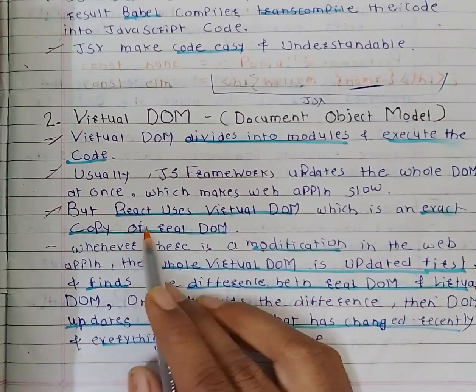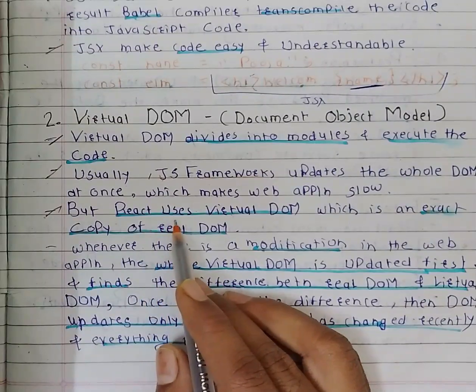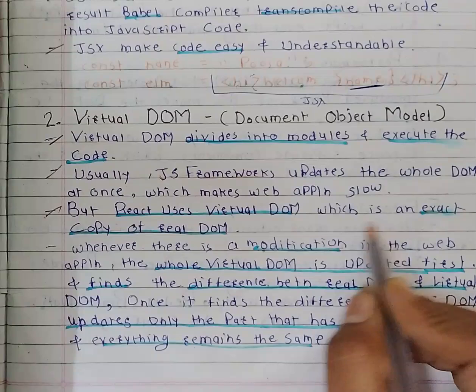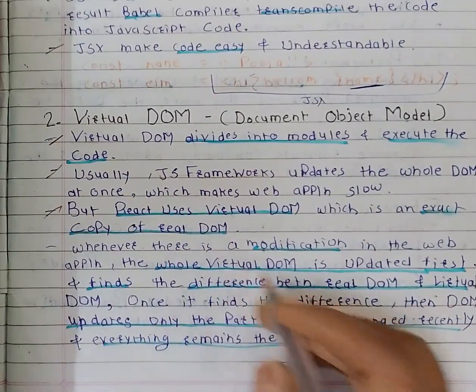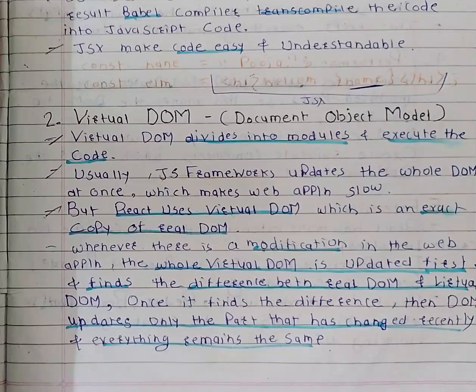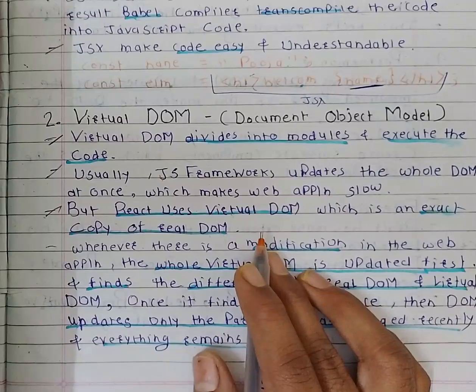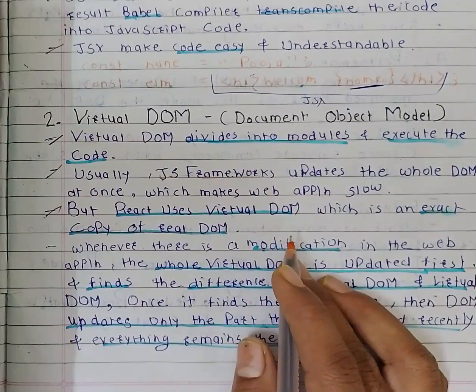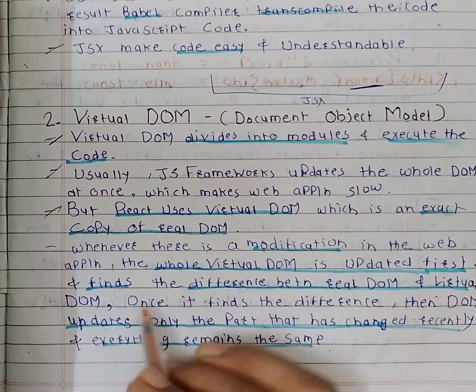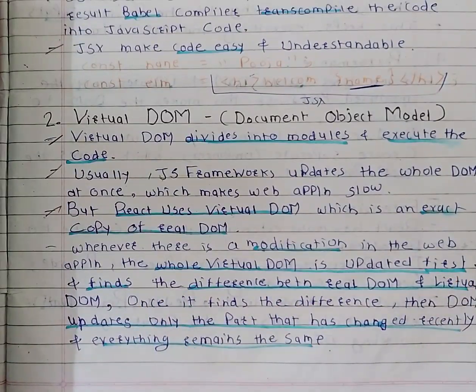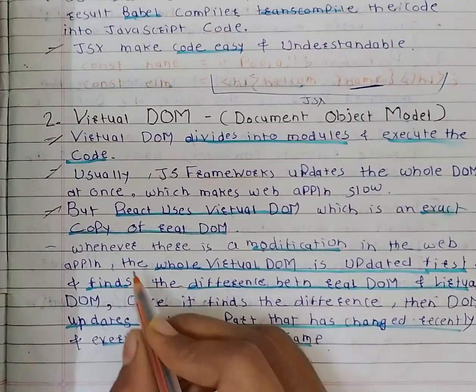But React uses virtual DOM, which is an exact copy of the real DOM. At the backend, React uses the virtual DOM, which is an exact copy of the real DOM, which makes it faster. We are going to see how React becomes faster.